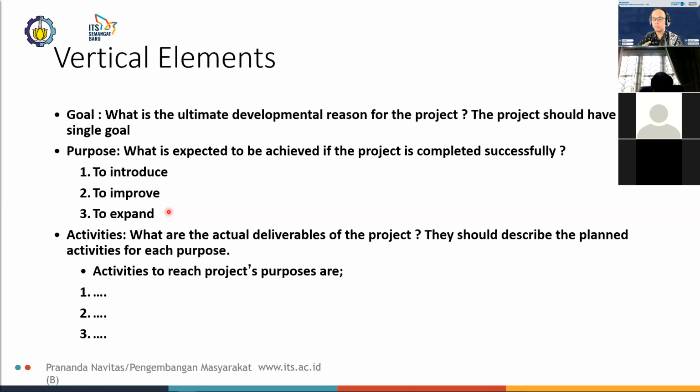And then the third vertical element is the activities. What are the actual deliverables of the project? They should describe the planned activities for each purpose.